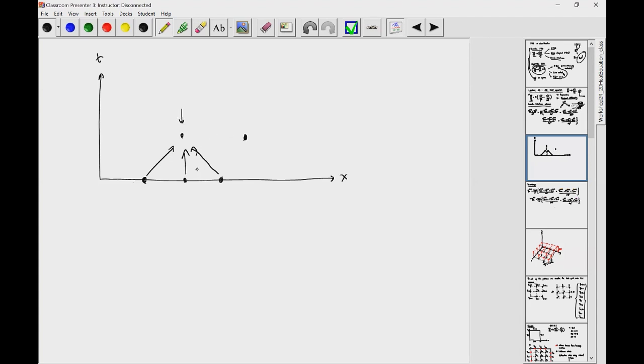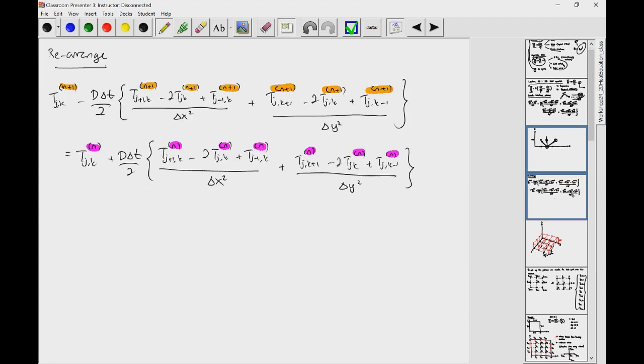And then for this next point, it takes the combination of three points again. That is your explicit FTCS. For implicit FTCS, to find out what this point is, the three points at n plus 1 require the knowledge of one point at the previous step.